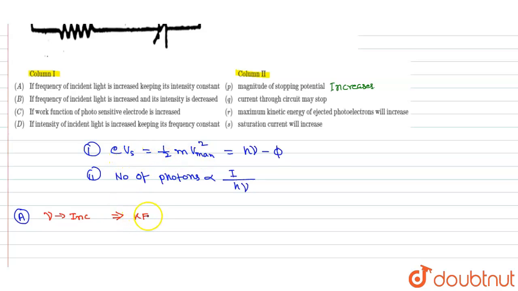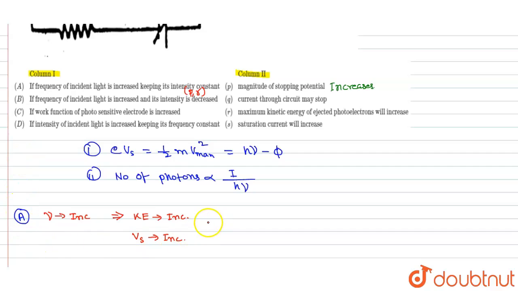So according to this, P, the magnitude of the stopping potential increases, and R, the maximum kinetic energy of ejected photoelectrons increases. So for A we can write P and R.